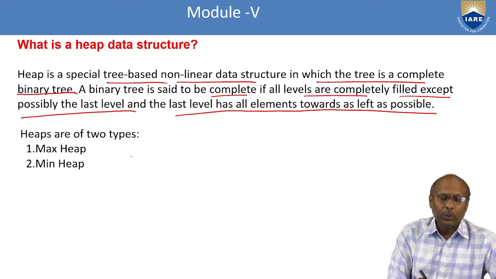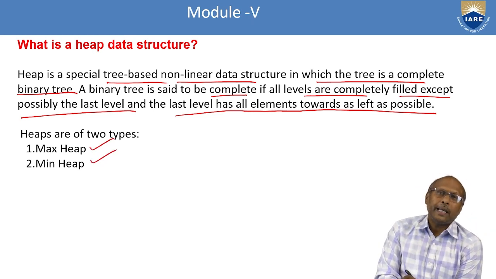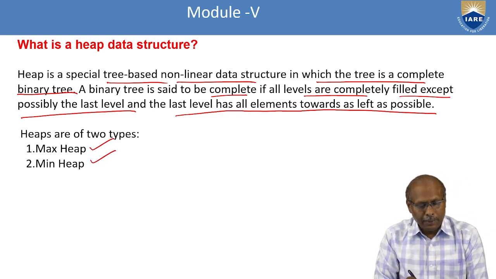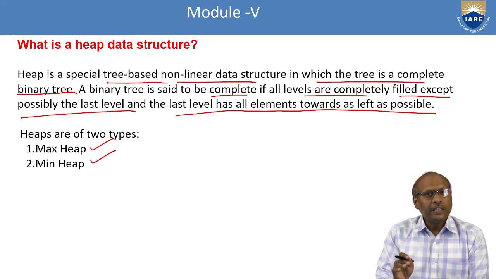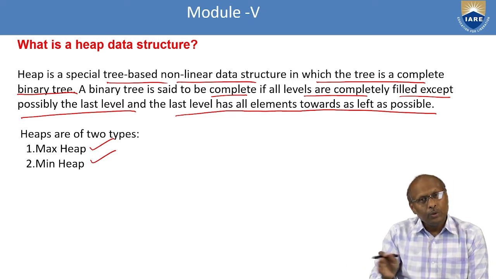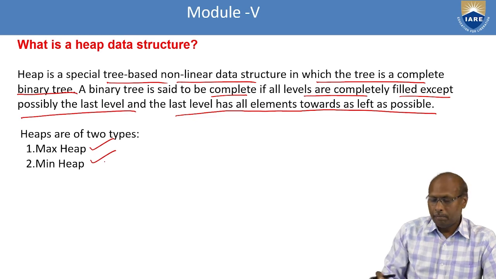Generally heaps are of two types, max heap and min heap. So most of the time they'll ask, what is a heap? Then you should say a heap is a special type of binary tree, a complete binary tree, which fills the data level by level from left to right. Again, the heaps are of two types, max heap and min heap.